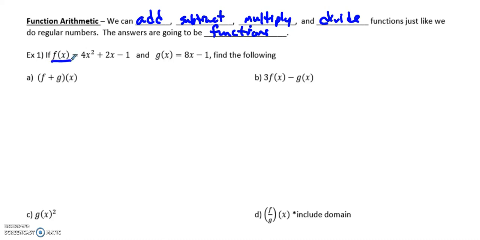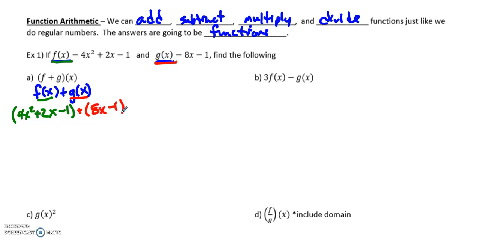So here I have f of x and g of x. I'm going to go through a couple different function arithmetic things with these. First one is what we call f plus g of x. Another way of writing this is f of x plus g of x. They're the same thing. What I do is replace f of x with 4x squared plus 2x minus 1, and I'm going to replace g of x with 8x minus 1.